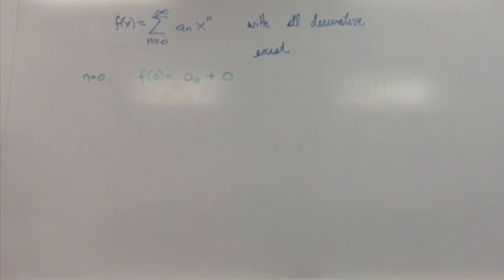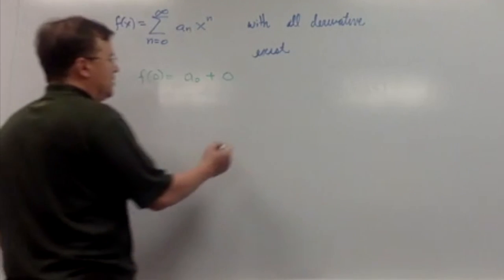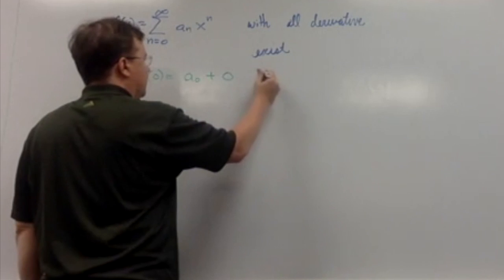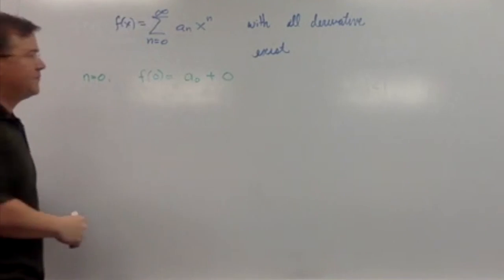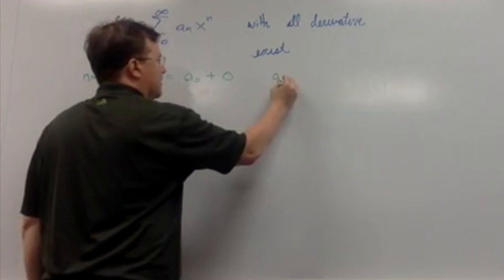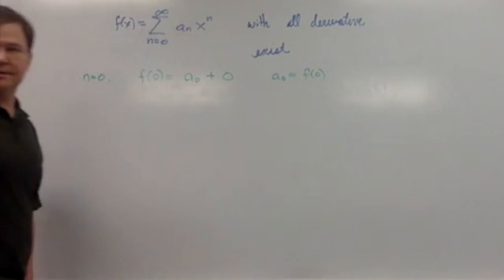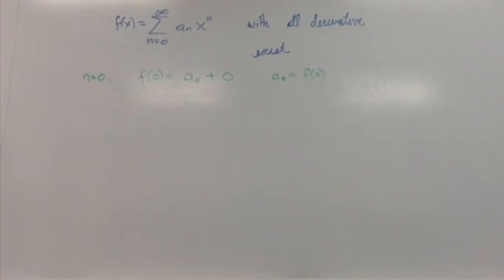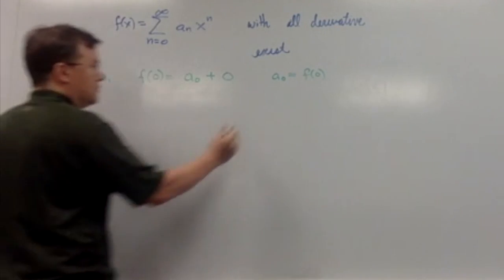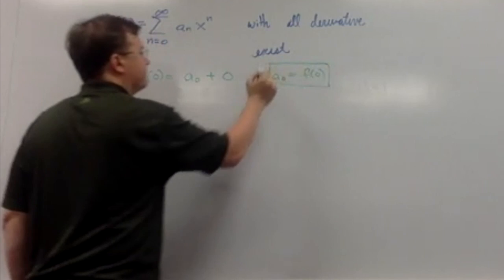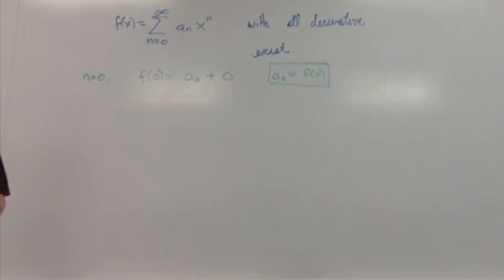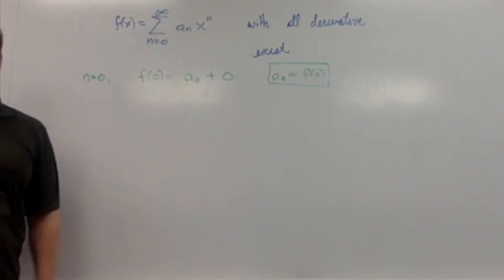So if you're trying to find a power series for an arbitrary function, the first coefficient is always going to be, at least for a Taylor series, the function evaluated at 0. For the Maclaurin, it would be evaluated at a. Not that different. If we understand this, then the Maclaurin will be a cinch.